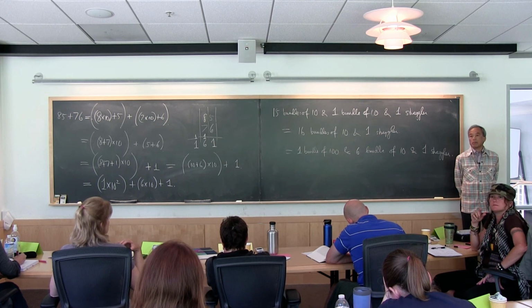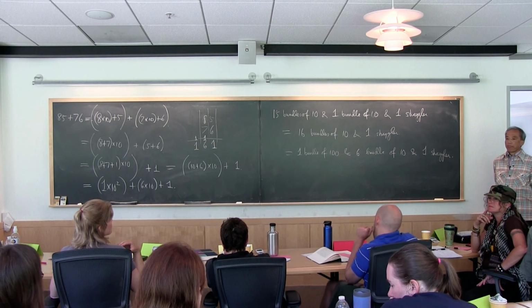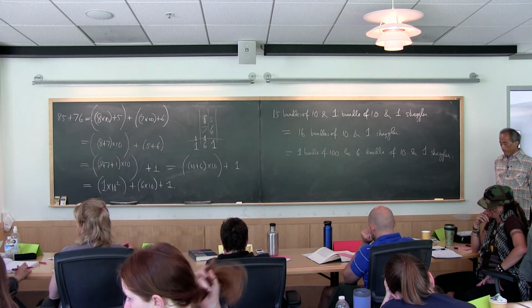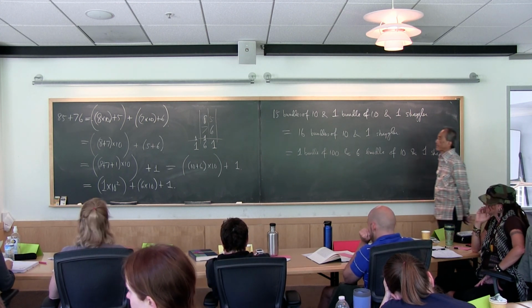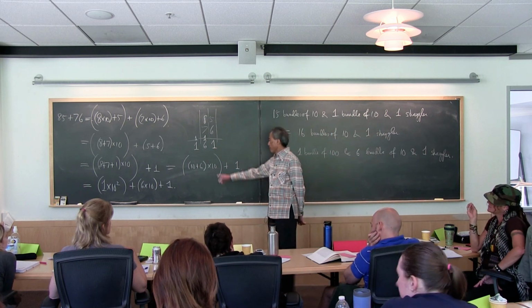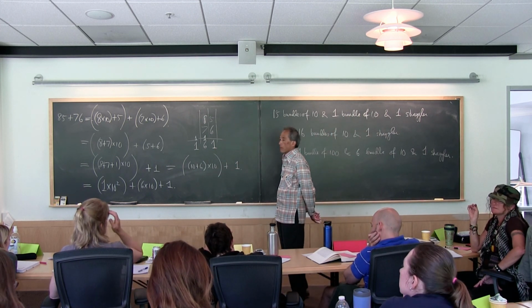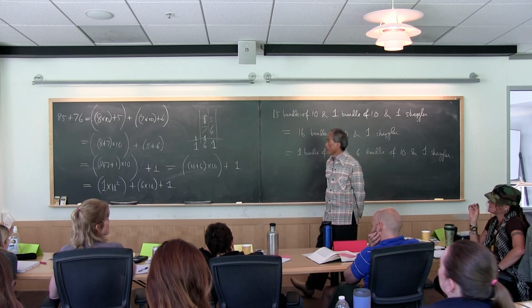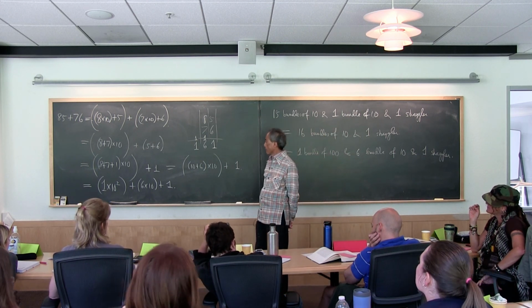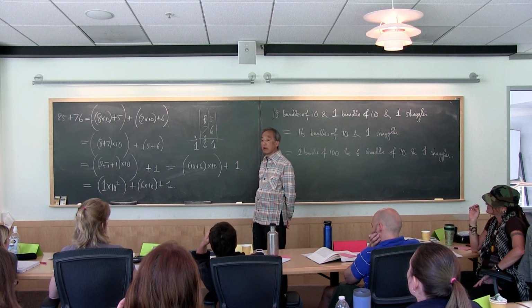I'm sorry, but going from this, 10 plus 6 times 10 in parentheses plus 1, over to the 1 times 10 squared plus 6 times 10, that's distributive law.